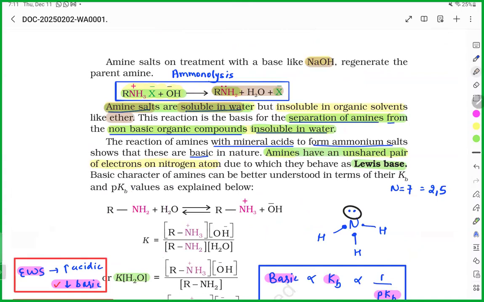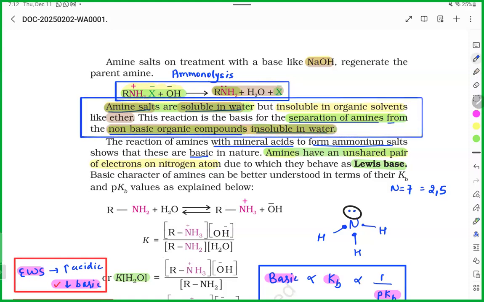Why? Because if you take amine and make a salt, it will be soluble in water. Other non-basic organic compounds are insoluble in water. Understood? And for JEE, this is extremely important because it was never asked in NEET as of now.